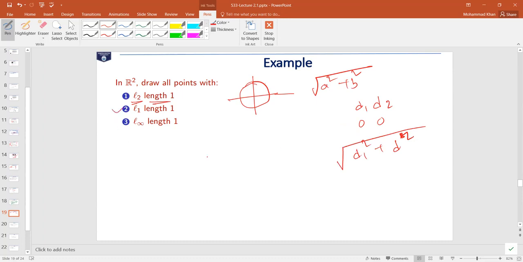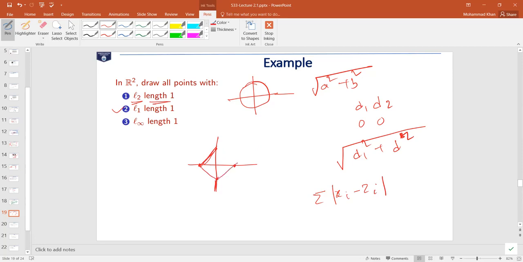Now for L1, the length is 1. We define L1 as the sum of the absolute values of xi minus zi. The absolute value means we take either plus or minus for one axis, and similarly for the other axis, and we connect them.